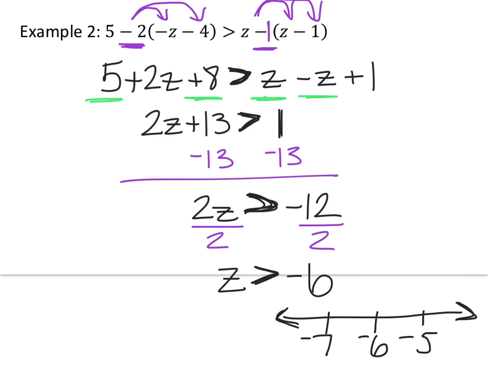It's not equal to, z is just greater than negative 6. So it's going to be another open circle at negative 6. And it says z is greater than negative 6. So all the numbers that are bigger than negative 6 are to the right. And that's how I do my number line.